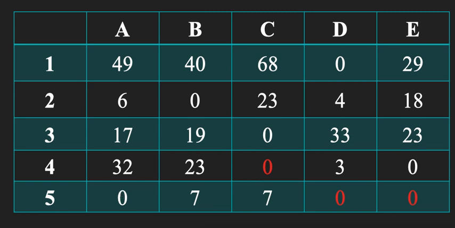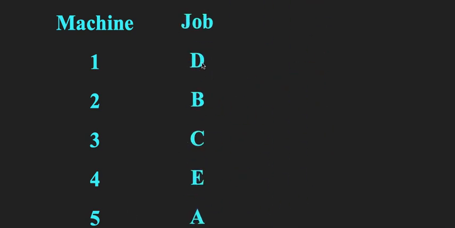Now let us make the assignment here, and to find the optimal job assignment, that is what we are going to do, and we are going to find the profit here. Now here first we are going to take machines. We have how many machines? 1, 2, 3, 4 and 5, right? Then we are going for jobs here, job D, B, C, E and A. This is where we have made the assignment here.